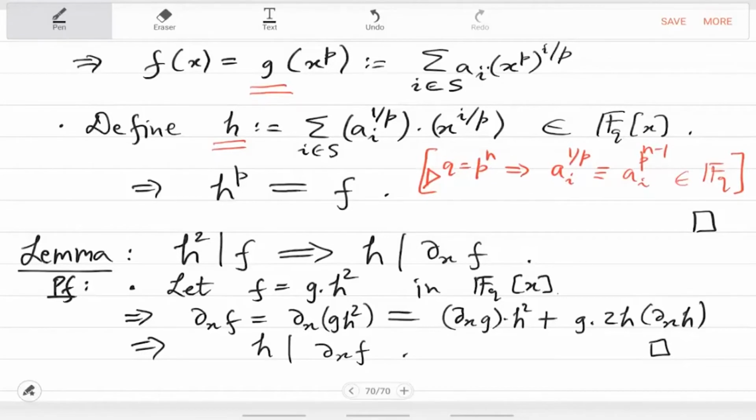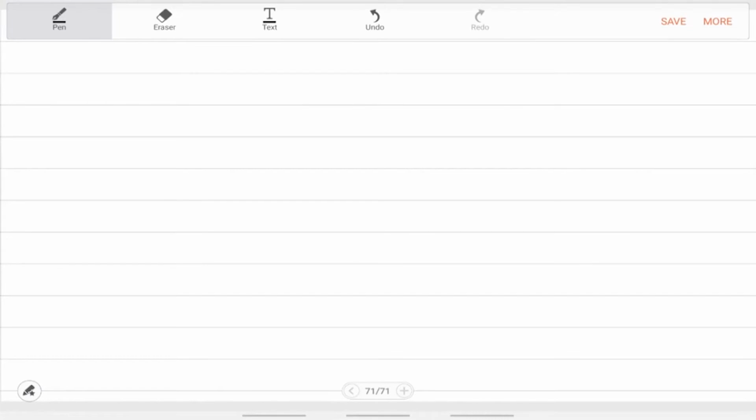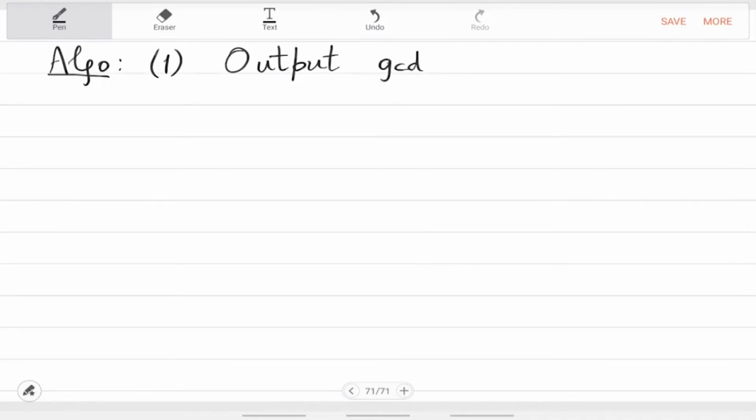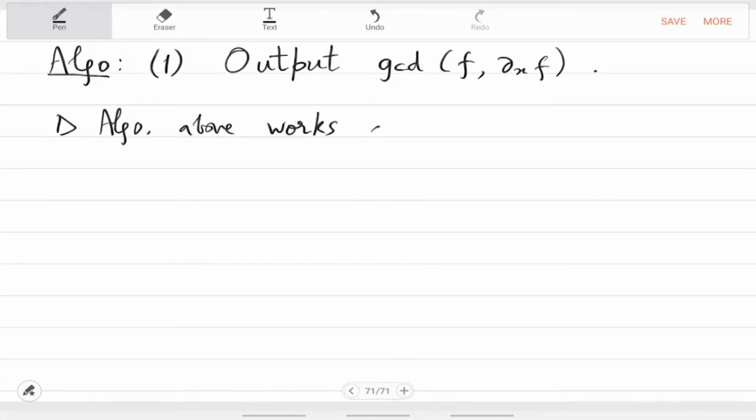Now we can assume square freeness because you can use this algorithm, a one step algorithm, which outputs the GCD of f with the derivative. This algorithm works if f is squareful.